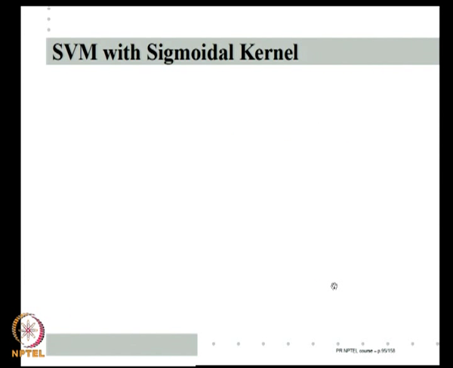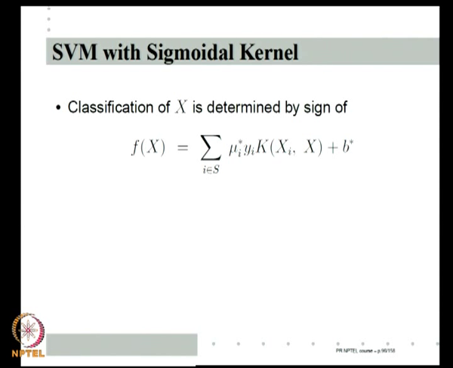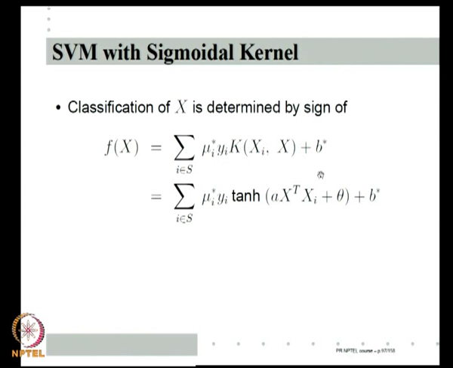Similarly, an SVM with a sigmoid kernel is equivalent to the other neural network. Classification of x is determined by this. So, substitute the function K. So, what is this? Xi I can think of as the vector of weights mapping the input layer to the ith hidden node in the hidden layer.